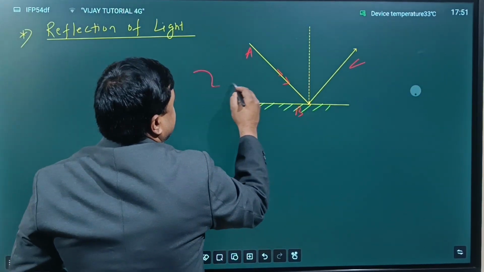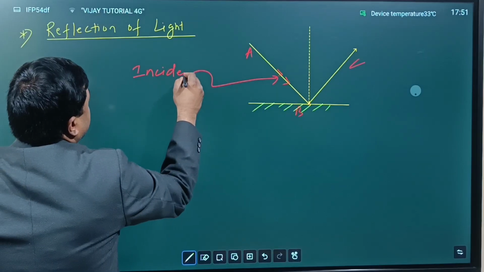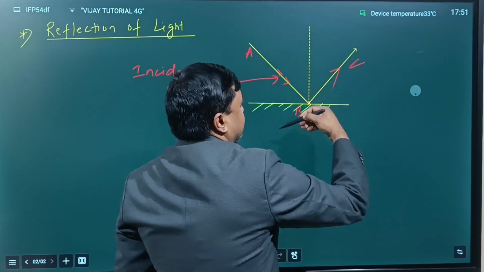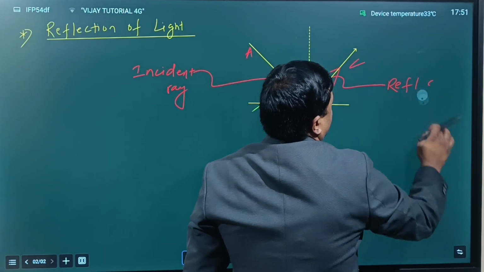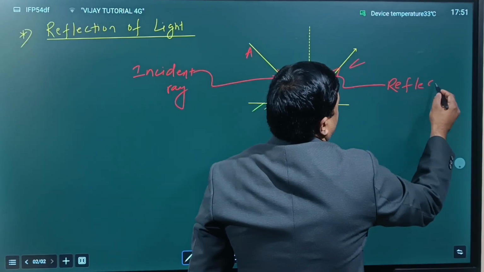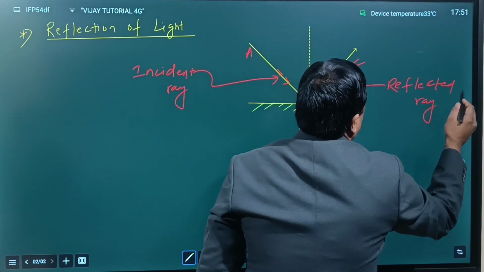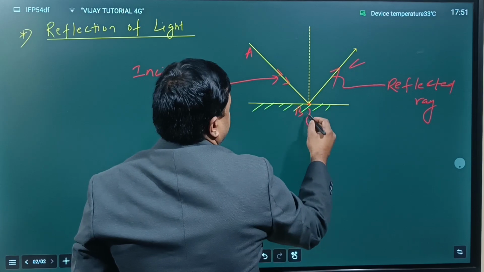The light ray which strikes the surface is called the incident ray. The ray which bounces back from the surface is called the reflected ray. This is point B, which is the point of incidence.